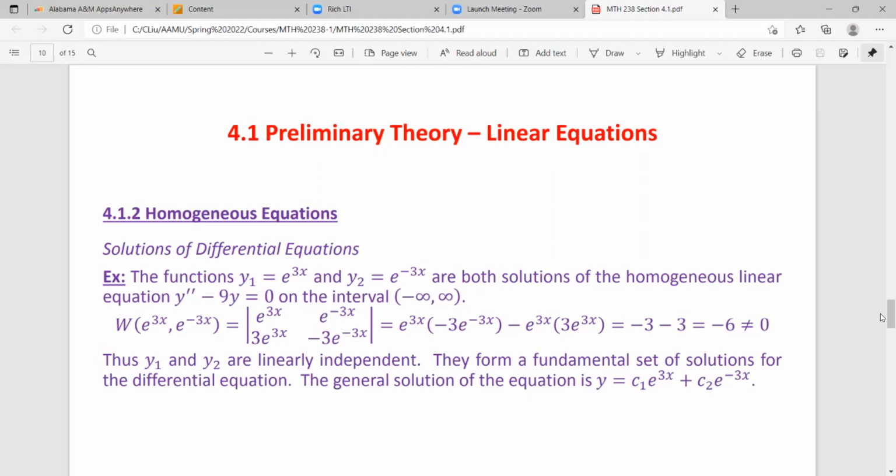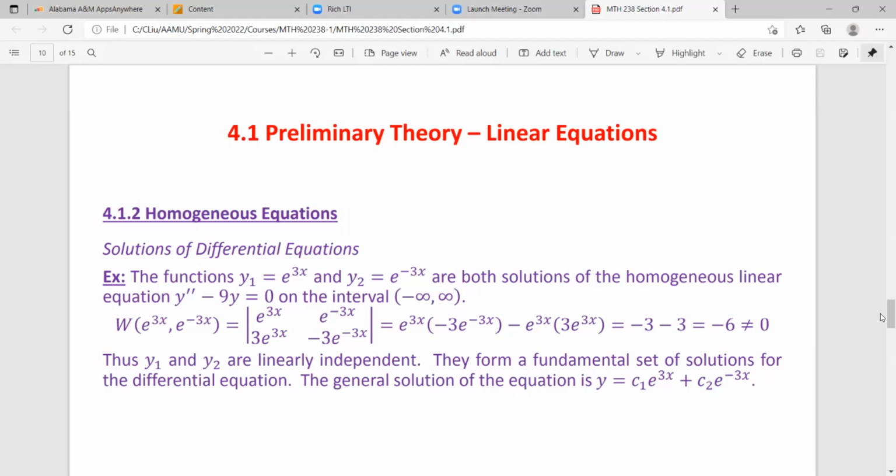So on the first row, you just put the two functions, e to 3x and e to negative 3x. On the second row, you take the derivative of each function. So when you take the derivative of e to 3x, you're going to get e to the 3x times the derivative of 3x. So that would be 3.